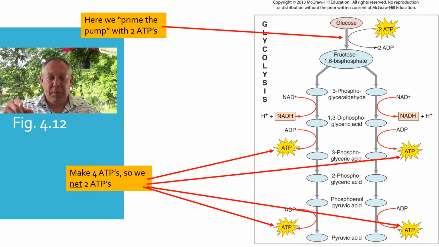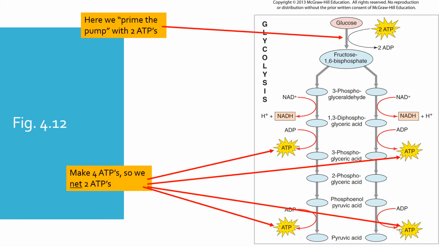This is how we charge up an ATP. And if you notice, we end up making 4 ATPs, all right? But we've already spent 2. So our net is just 2 ATPs per glucose molecule in glycolysis. So it's not very efficient. There's still a lot of energy tied up in these molecules.